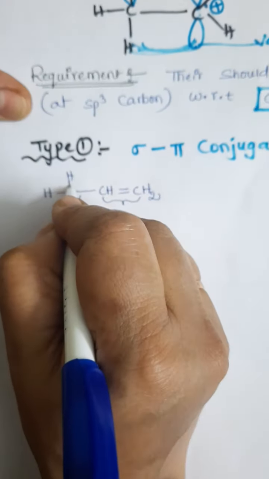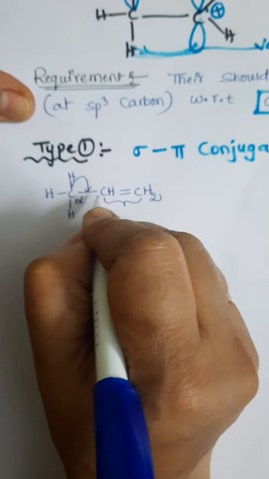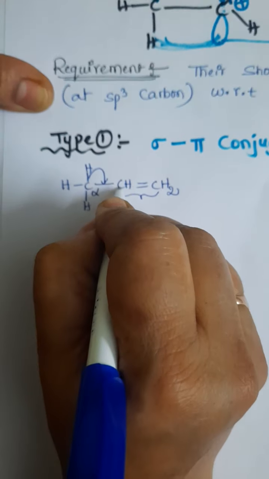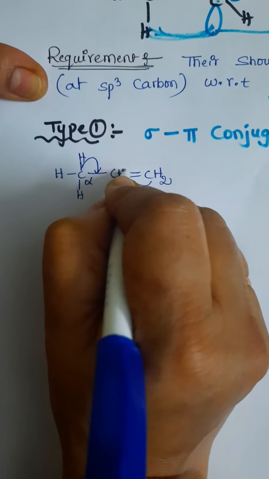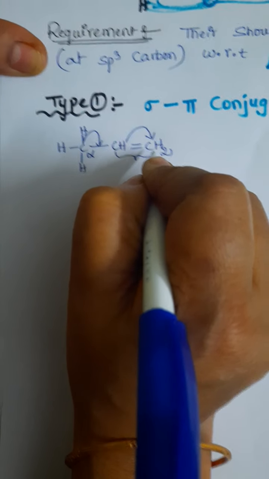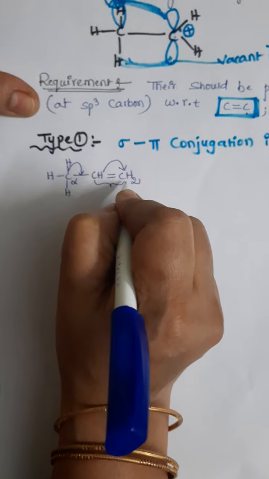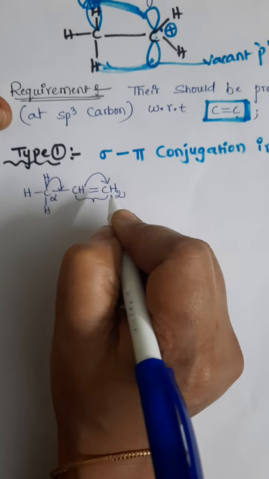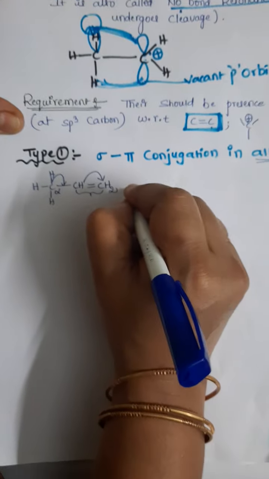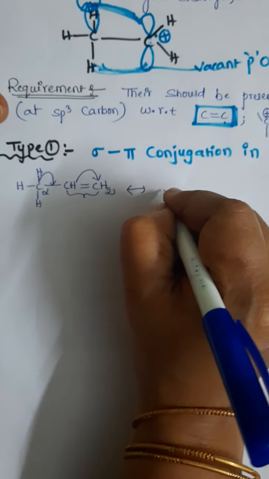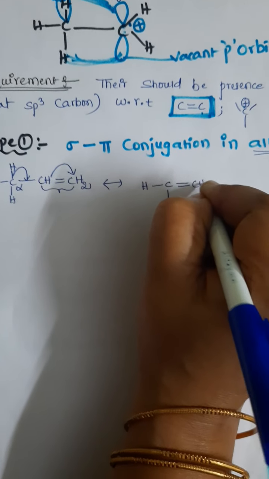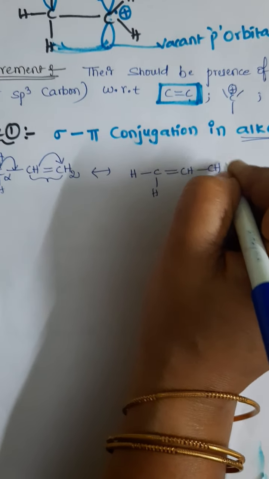Suppose we shift this hydrogen. Whenever we shift it, a pi bond formation takes place. As a result, this carbon gets 5 bonds. Simultaneously, the pi bonded electrons shift towards the terminal carbon. So this carbon gets what charge? Negative charge, because it takes the electrons. So we can write H C H double bond CH single bond CH2 minus.